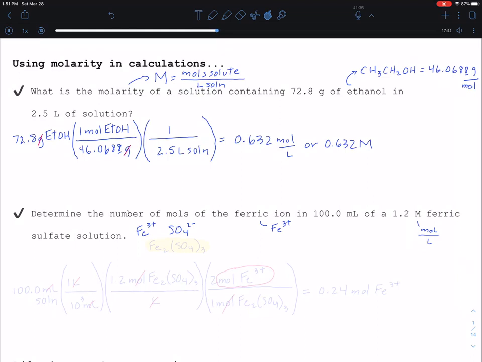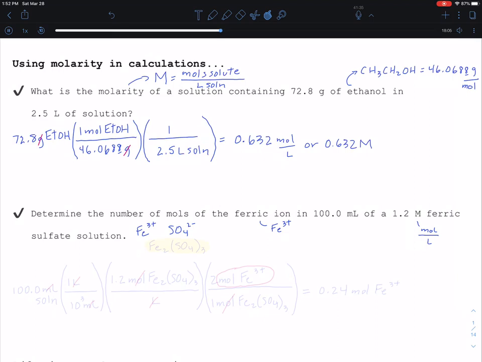What if there's 2 or 3 or 4 or whatever? That's going to affect the number of ferric ions that I have in the solution, right? Because if there's 2 for every 1 mole of the salt, then 1 mole of the salt is going to give me 2 moles of ions, and that's going to affect the number of moles of those ions in that sample. So I kind of want to draw this out.